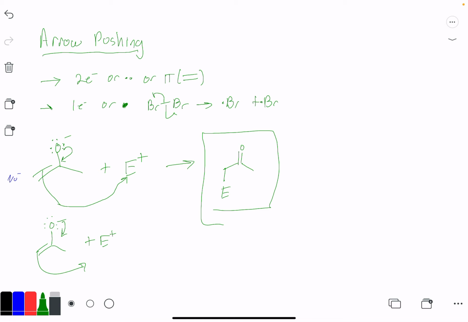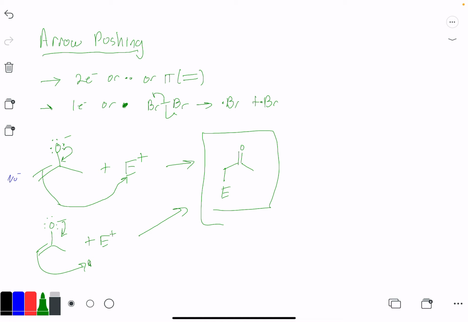If you were drawing the arrow to here and just stopped in space, well, then that's just saying that that charge is just floating around somewhere and it's not attacking the electrophile. And we know that's not what's happening. What's happening is we're generating this product here. So you want to be very careful at how you draw your arrows.